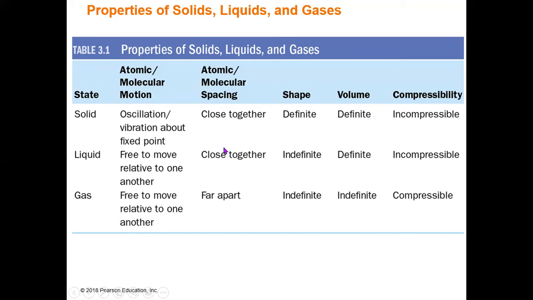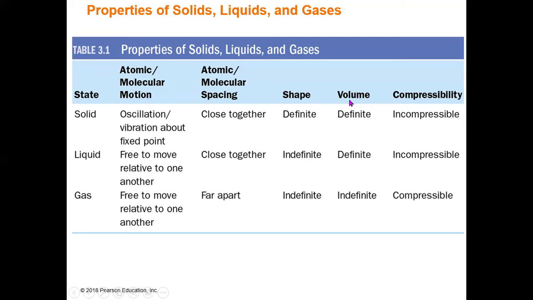And then the next column is atomic molecular spacing. In solid, the spacing for the atoms and molecules is close together. The spacing for the liquid is also close together. The spacing for the gas is far apart. The next column is shape. The shape for a solid is defined, the shape for a liquid is undefined, and the shape for a gas is undefined.